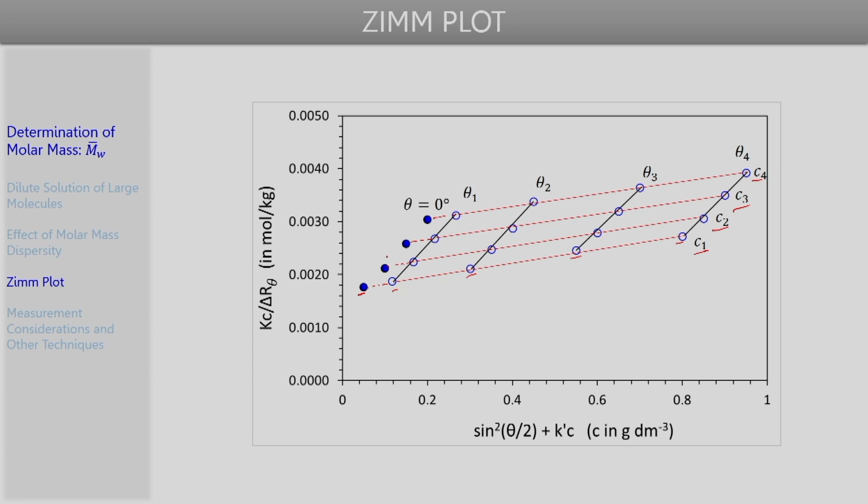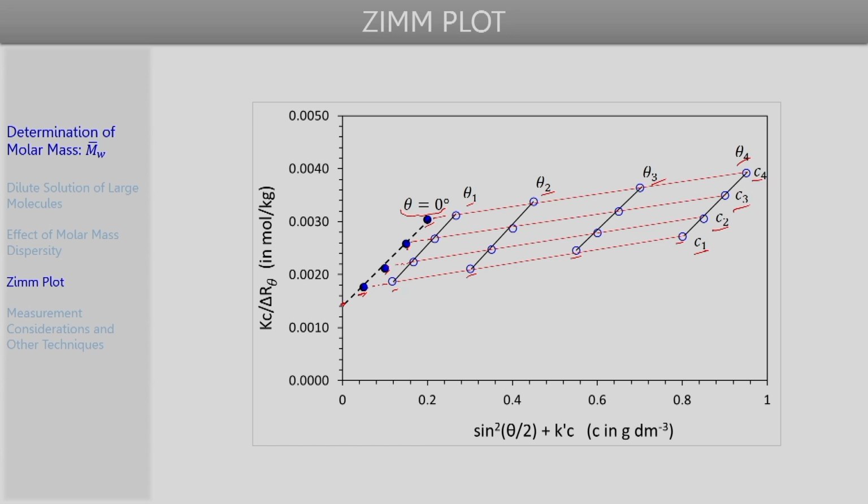So these points correspond to a scattering angle of theta equal to 0 degrees, and similarly all the constant theta points can also be extrapolated to the limit when C tends to 0. Before that, the theta equal to 0 extrapolated points can be further extended all the way up to where they intersect with the y axis.